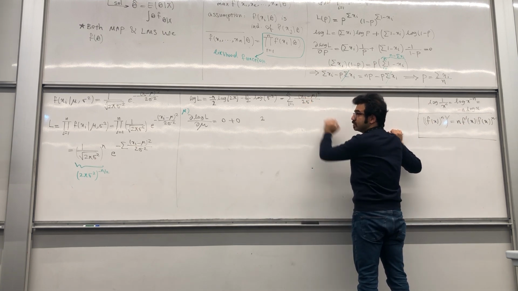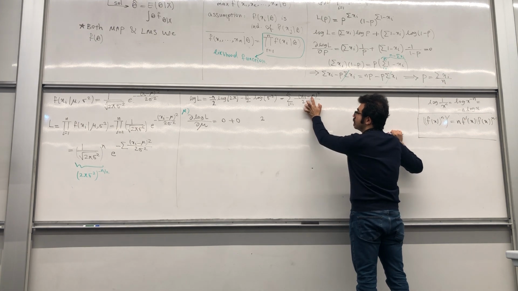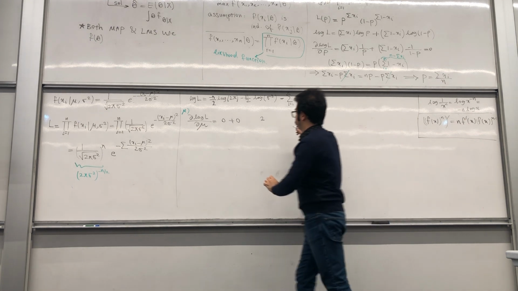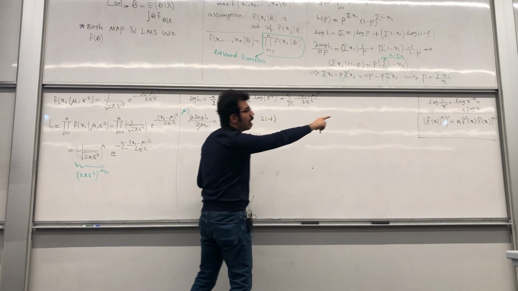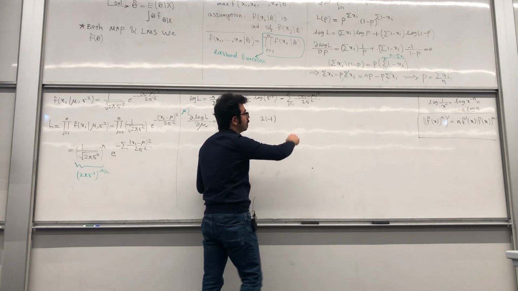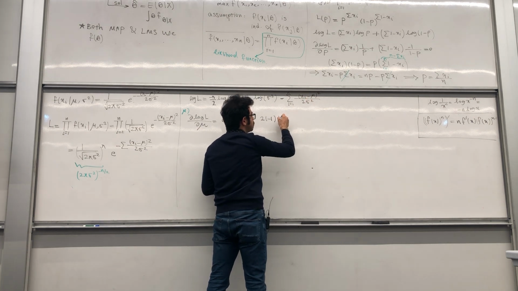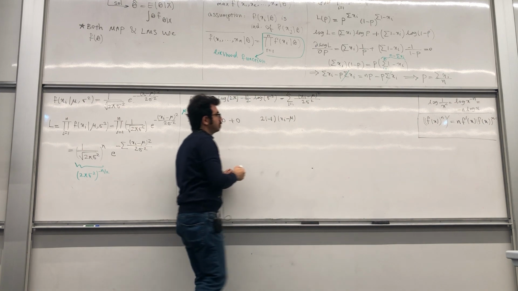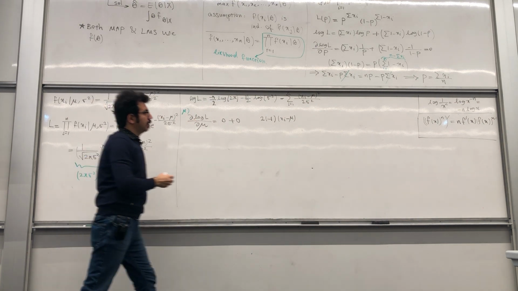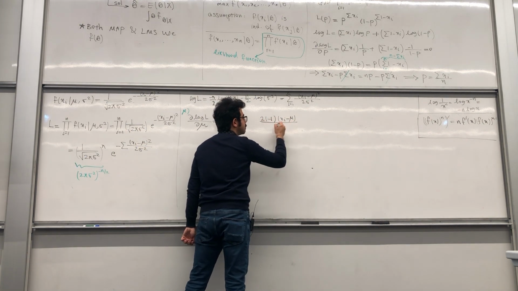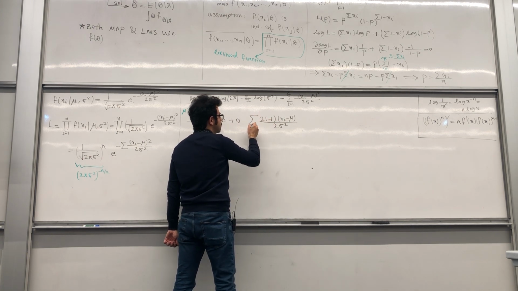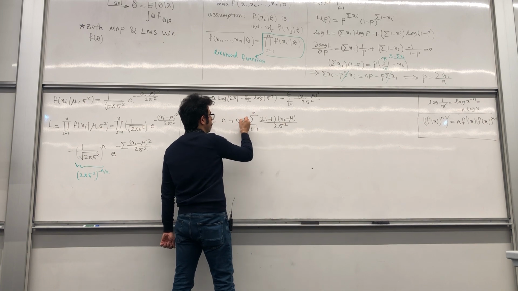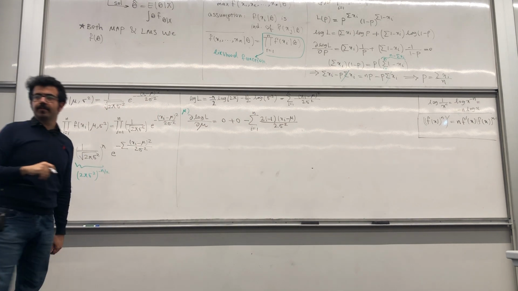Xi minus mu is your f, and the derivative with respect to mu is minus 1. Times f of x to the power of n minus 1, which is xi minus mu to the power of 2 minus 1. Now I put the coefficient, and also I write the summation as well. Clear?